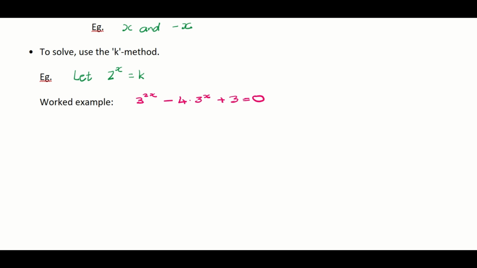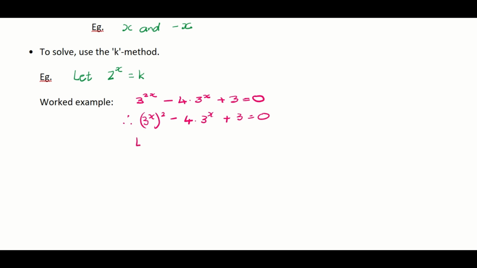I've got 3 to the power of 2x minus 4 times 3 to the power of x plus 3 equals 0. So the first step is to rewrite 3 to the power of 2x as 3 to the power of x squared minus 4 times 3 to the power of x plus 3 is equal to 0.